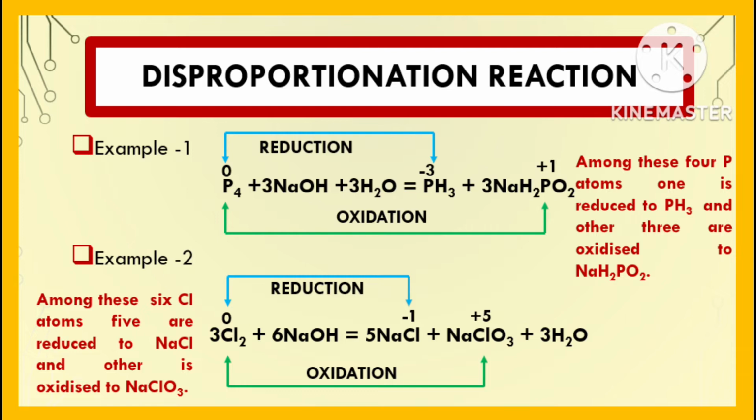Zn is solid and its oxidation number is 0 because it is in elemental state. In HCl, H is plus 1 and Cl is minus 1. ZnCl2, zinc chloride, forms in aqueous solution and hydrogen is displaced from HCl.